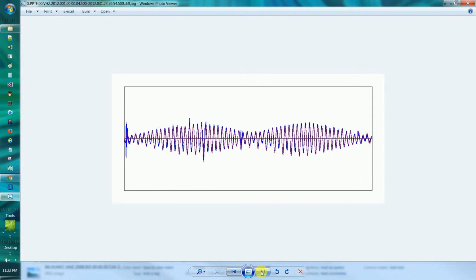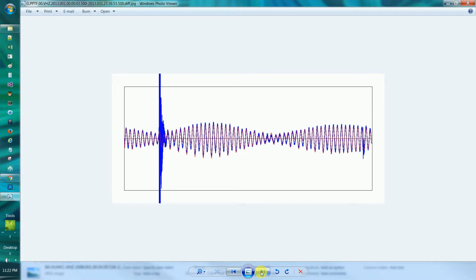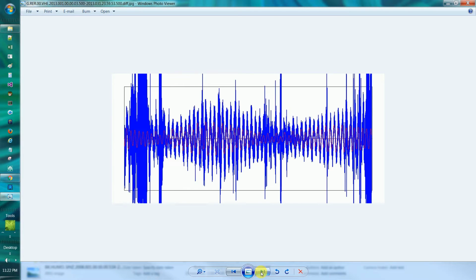This is G.PPTF. Again, G.PPTF. Yes, that one. Now here, this is the periodicity and the direction. When the station signal was going down, the gravity was going down.